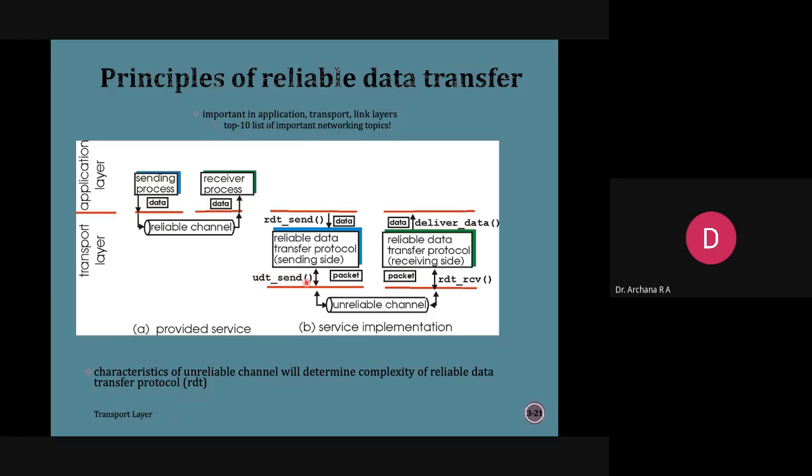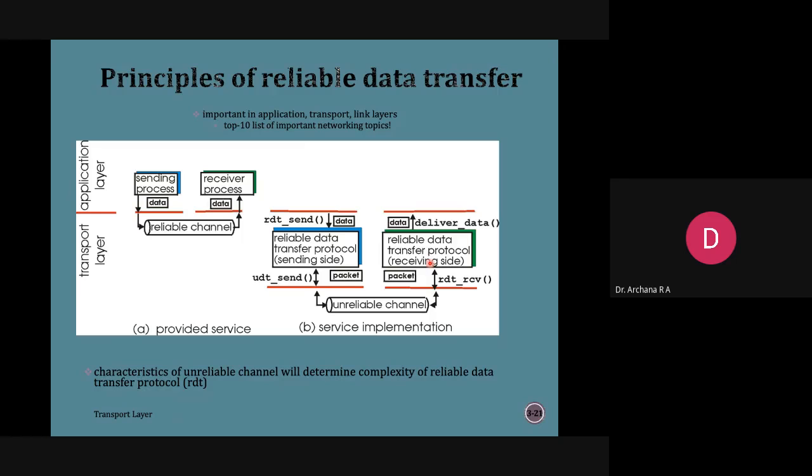That's why UDT send: the packet is sent through the physical layer, where the unreliable channel exists. At the receiver side, through the reliable data transfer protocol, you receive the packet, then it moves to the transport layer, which extracts the data, and that data is delivered to the application layer. This is how the implementation is done at the sender side as well as the receiver side.